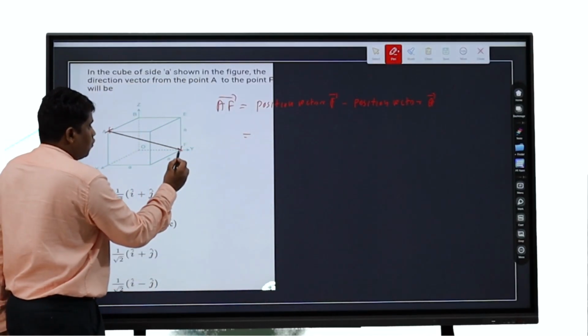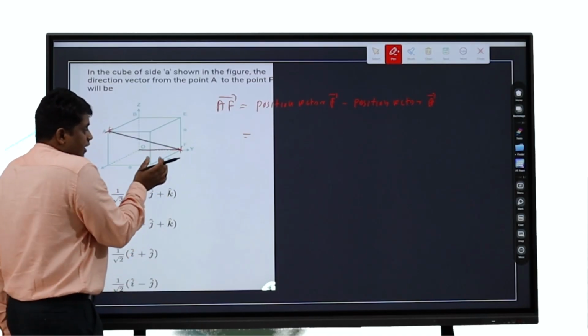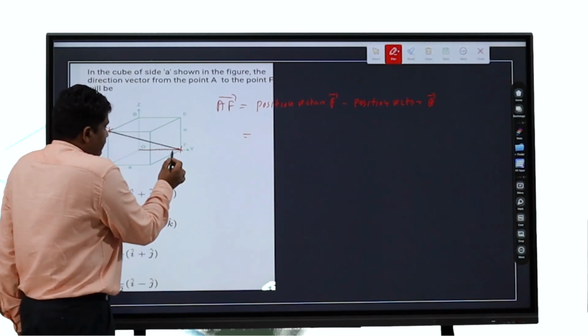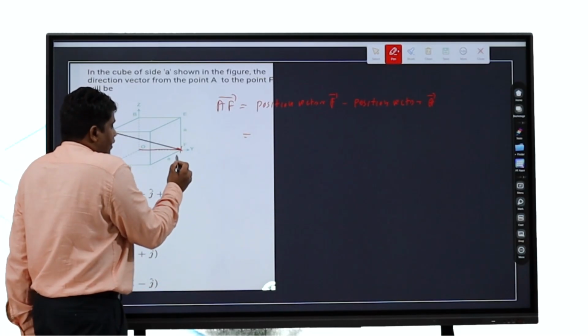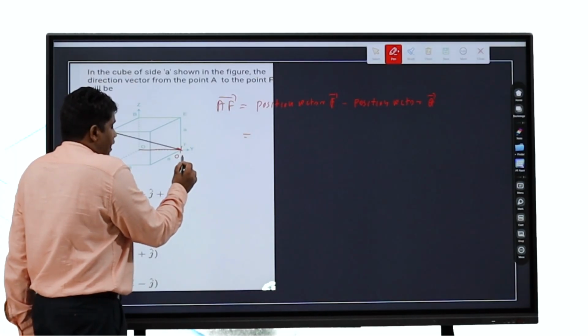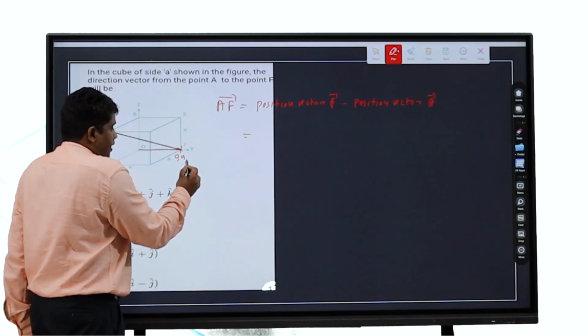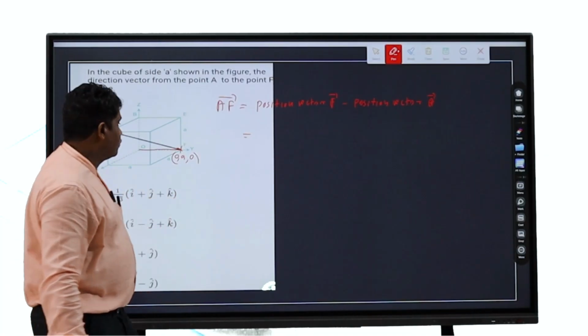This point is on the y-axis and this length is A, because it is a cube of side A. Its x coordinate is 0, y coordinate is A, and z coordinate is 0. This point is (0, A, 0).